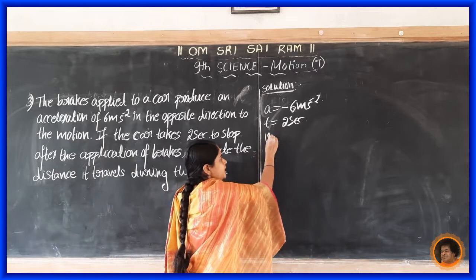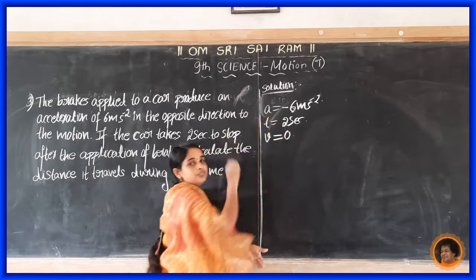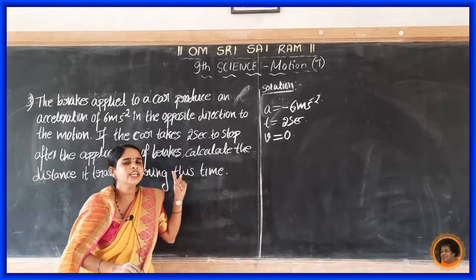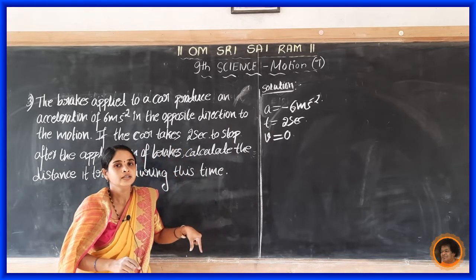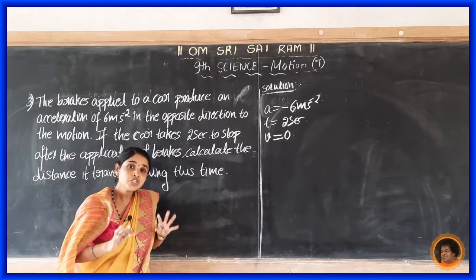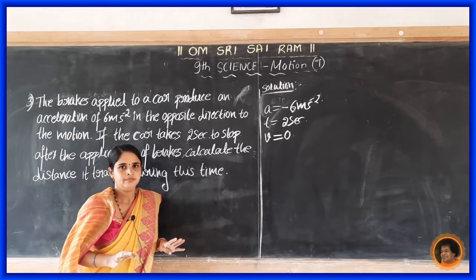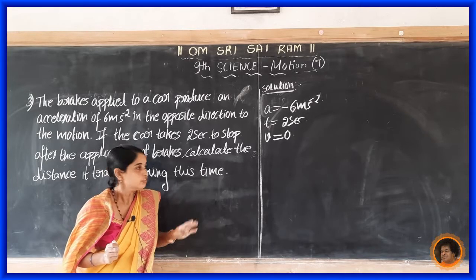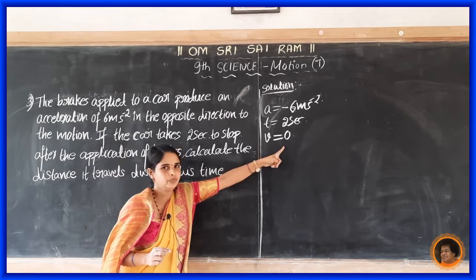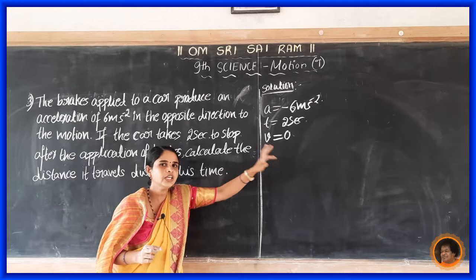So final velocity v equals 0. Why final velocity 0 here? After 2 seconds the car stops, because the brake is applied. So final velocity equals 0.